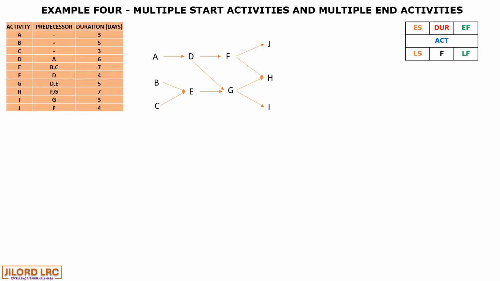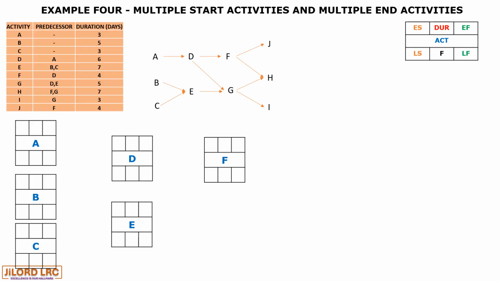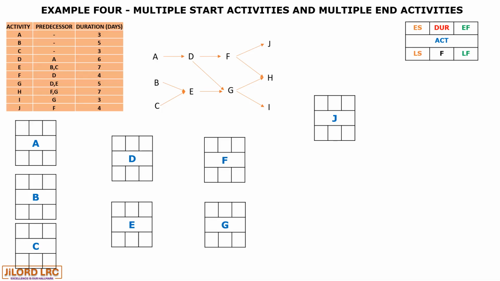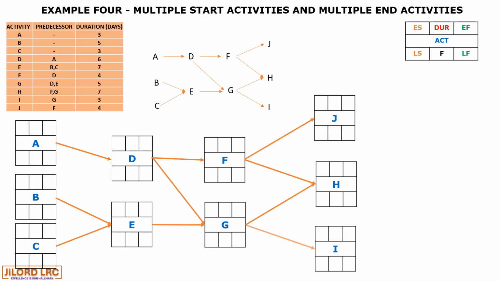So we have activities A, B, and C, D, E, F, G, H, I, J, as indicated. And we'll draw the linkages. The next thing to do is to write the duration of the activities.